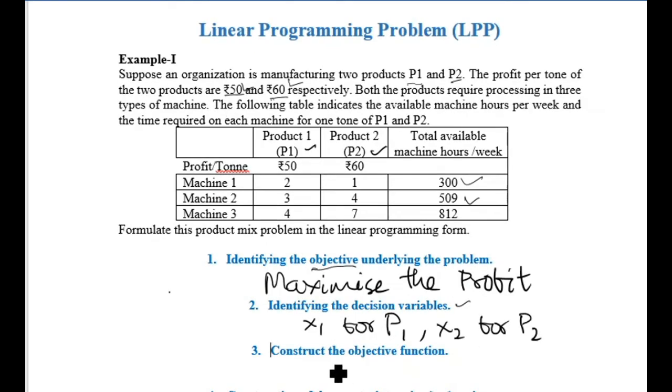Then construct the objective function. How should I write? Z max equal to 50 x1 plus 60 x2.